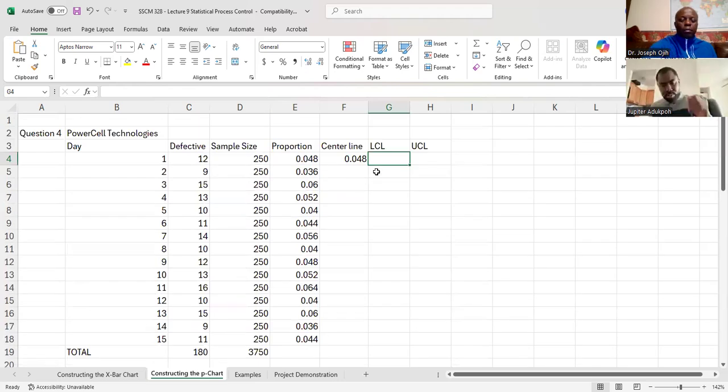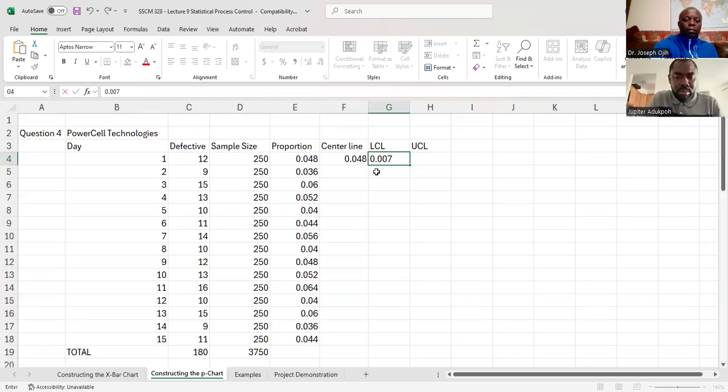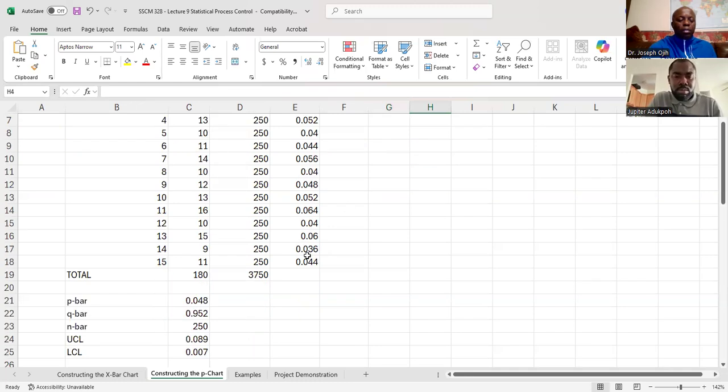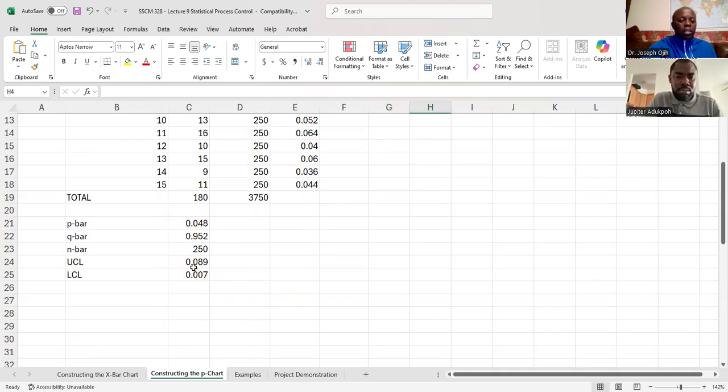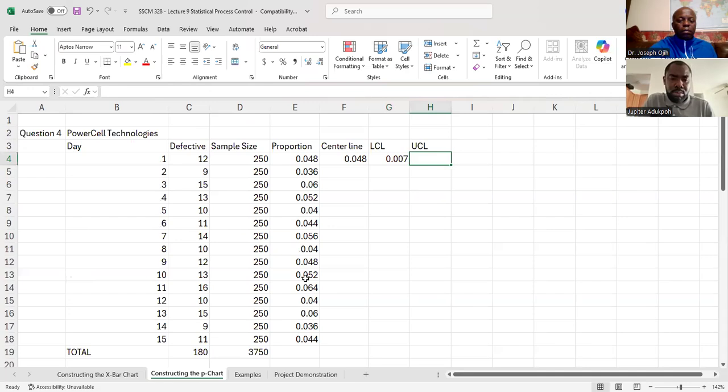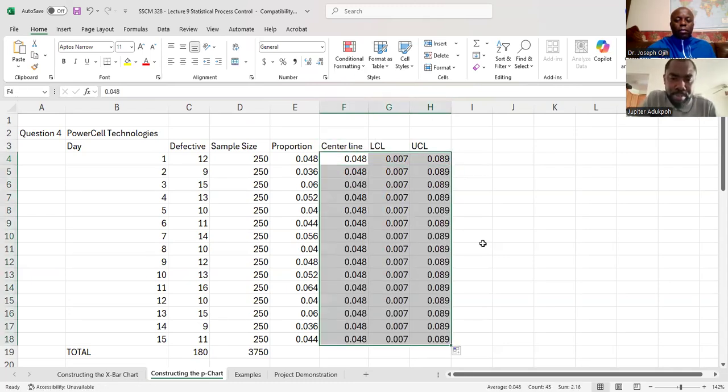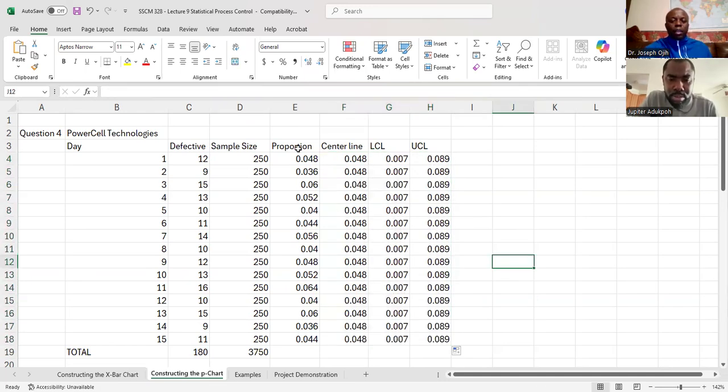Type it in. For the upper control limit, 0.089. Now highlight these and copy them all the way down. Now you are ready to draw the control chart, the P chart.